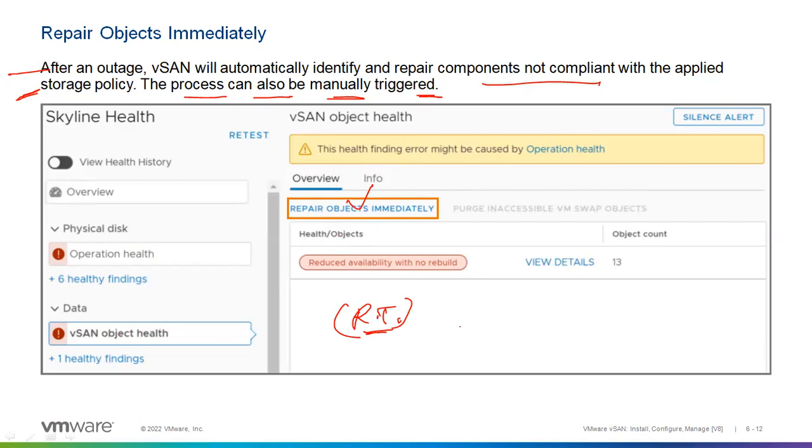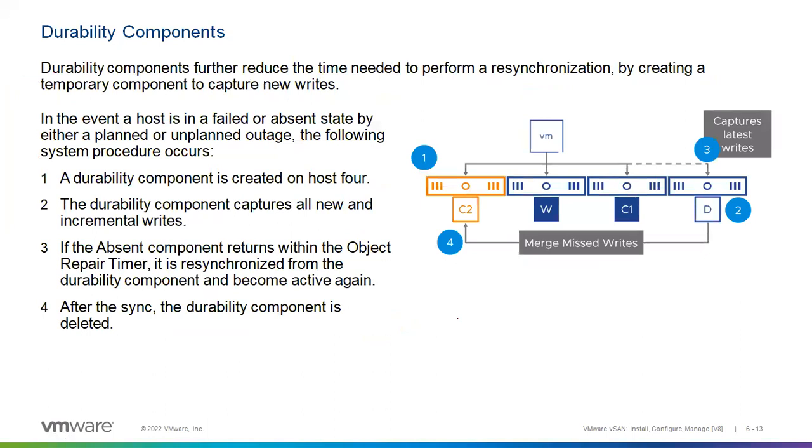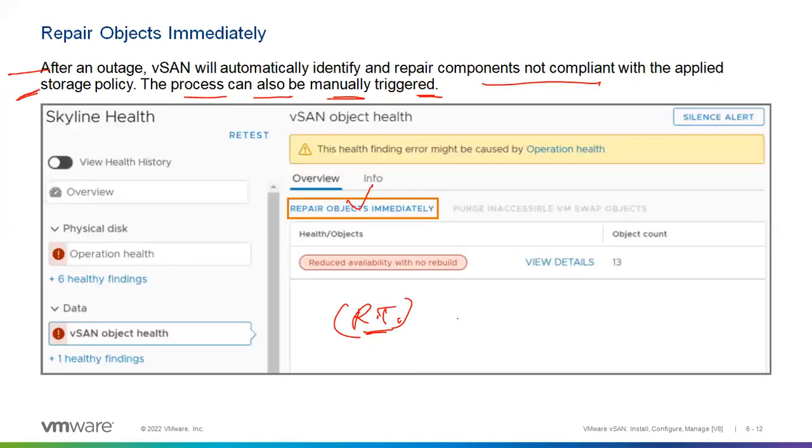Repair your objects immediately. Immediately means it will start to rebuild the missing components. By default, sir, it happens automatically, but we can do it from here also. Yeah, correct. If you want to do an immediate trigger, we can do that as well.